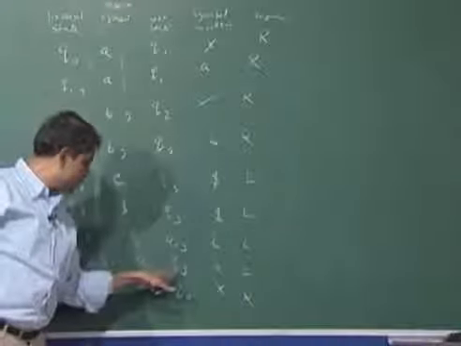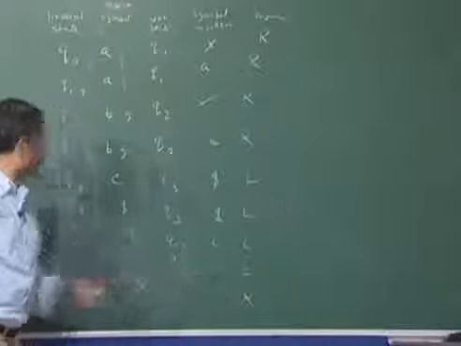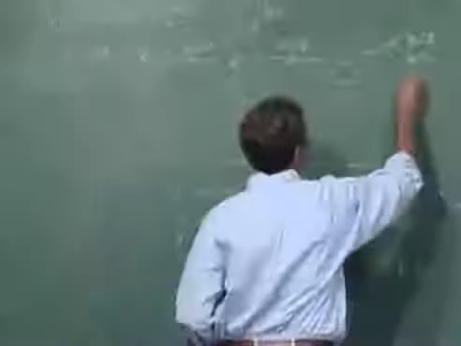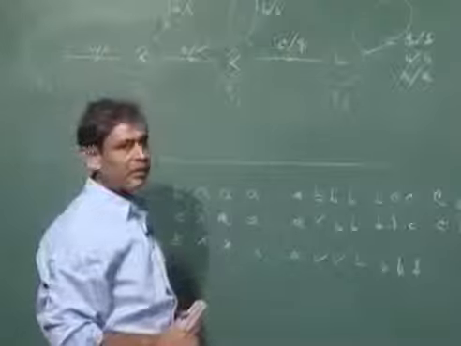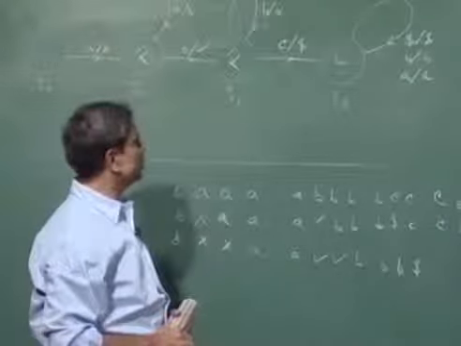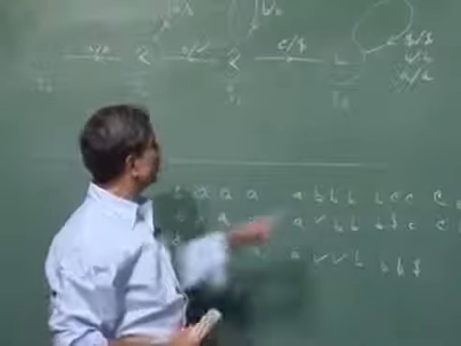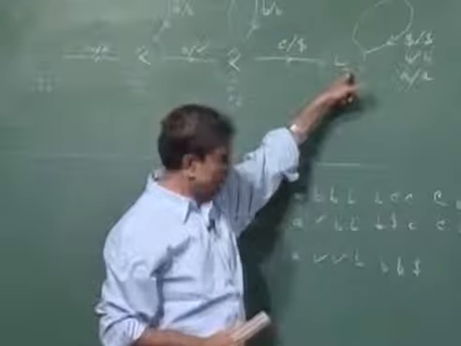In Q3, if I see an A, I still remain in the same state Q3 and keep the same symbol there. So, A is replaced or rewritten by A itself, and there you move to the left.